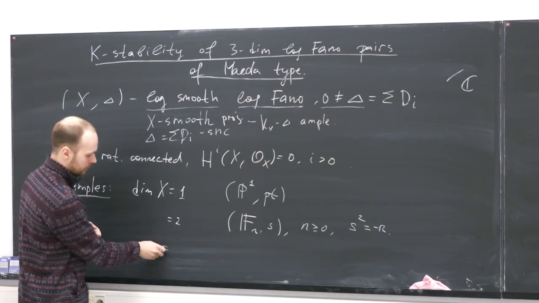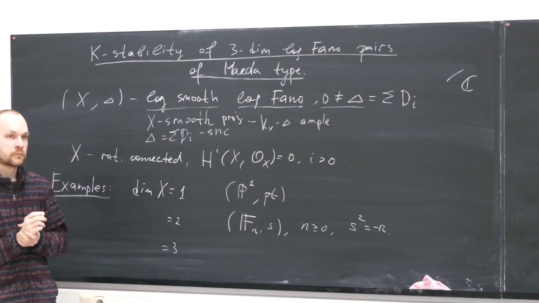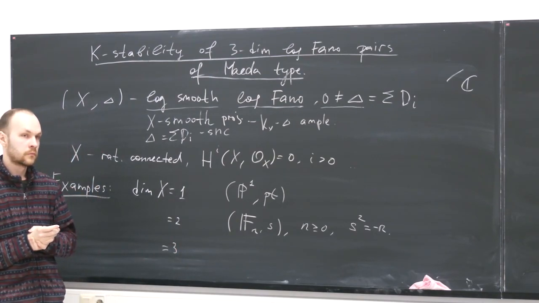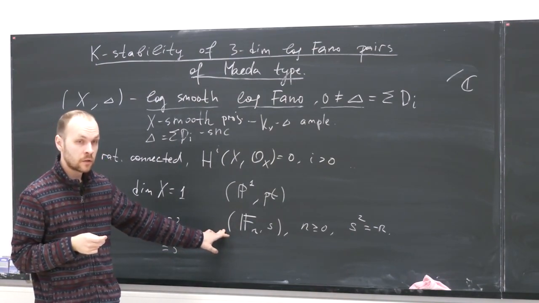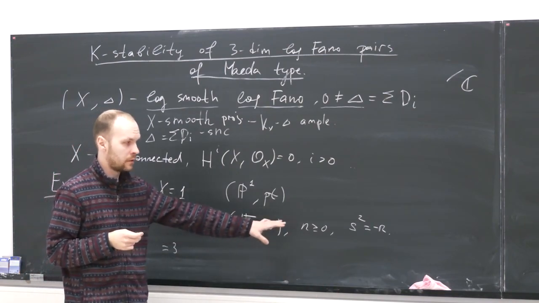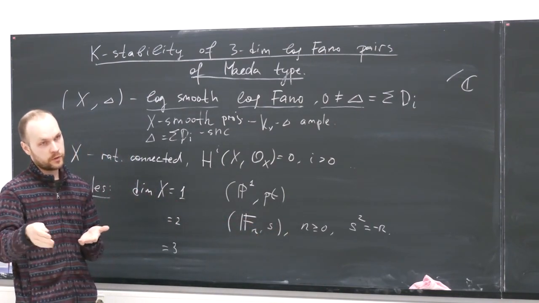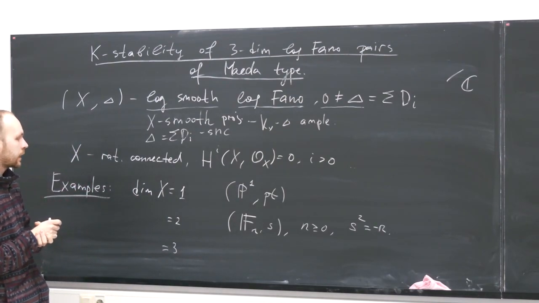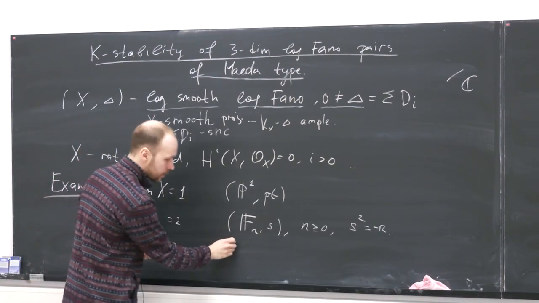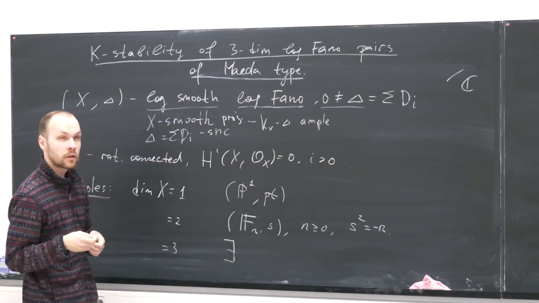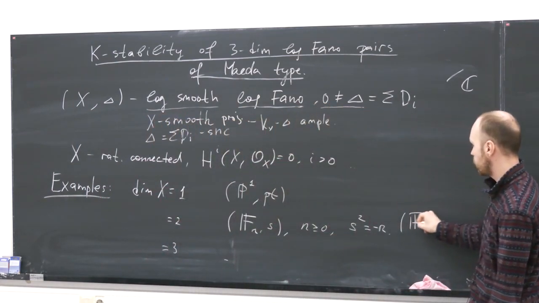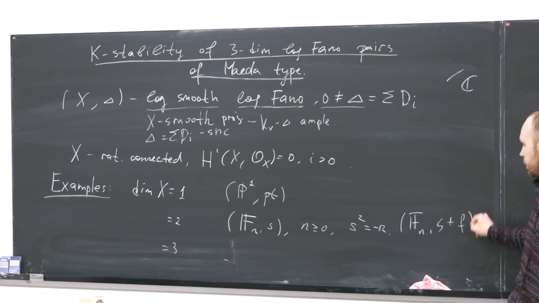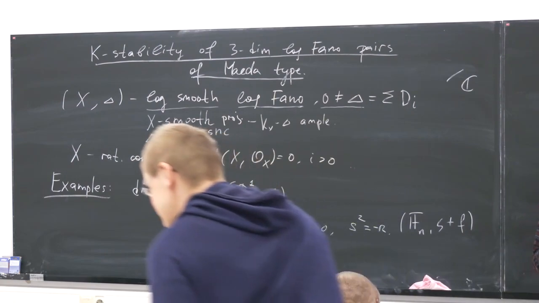In dimension 3, besides this, there are probably some other. Yes, sure. Sorry? You can add fiber. Yes, sure, sure. This is not the classification. This is just an example of an infinite family. And as for the classification, there exists. No, as you said, we also can have this pair. So the variety itself is the same, but the boundary is different.